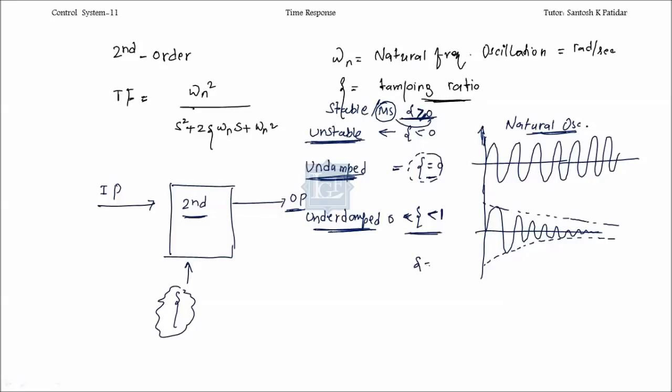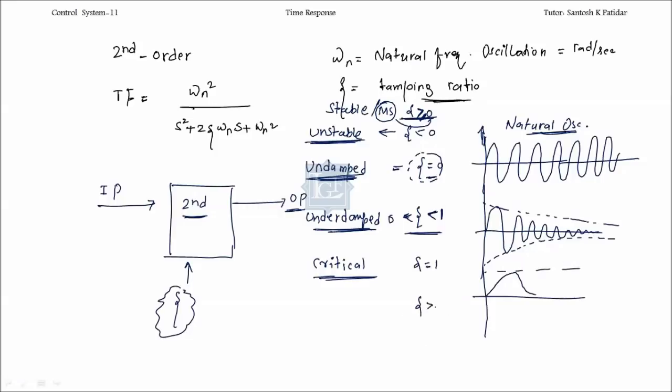Then we have seen zeta equal to 1. This was the case of critically damped system. Correct? In this critically damped system, the output will be like this. No oscillation will be there. There will be no oscillations.